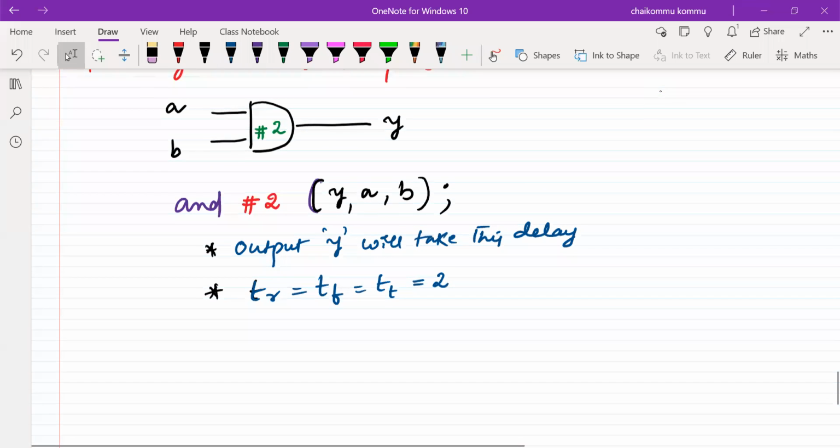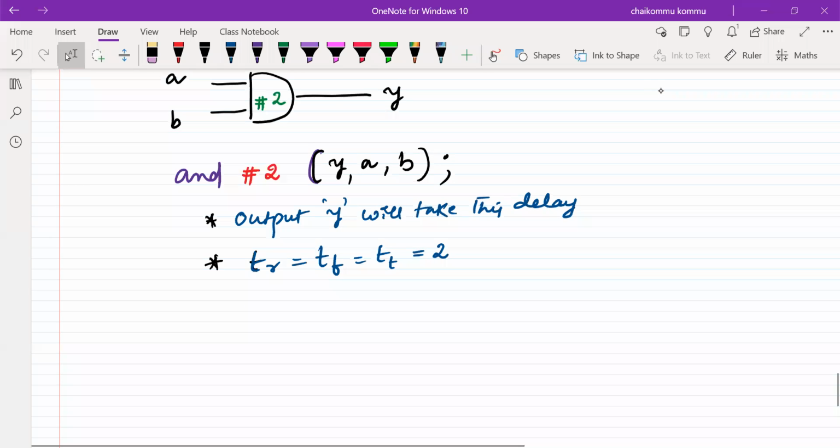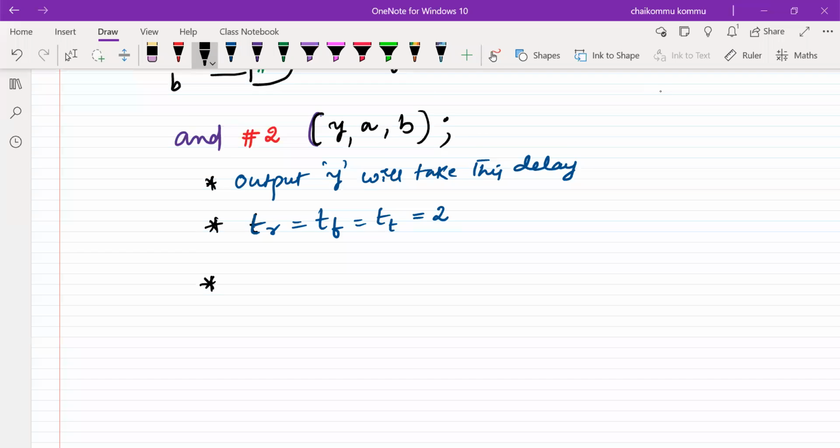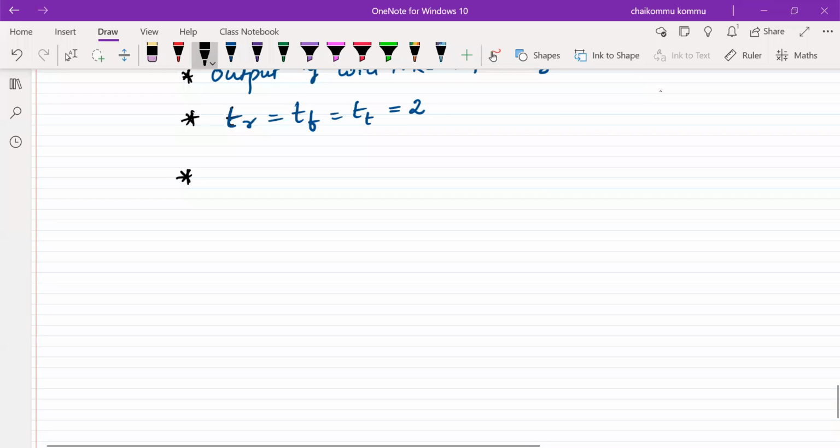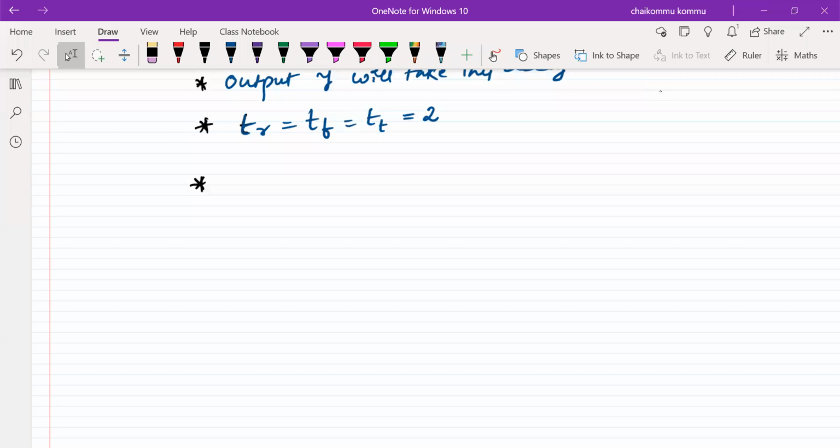Now let us consider one example. For example, a timing waveform is something like this. Timing units is something like this. The signal is something like this. We have started with 0 nanoseconds of time.